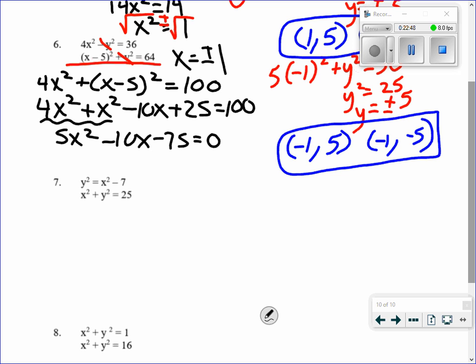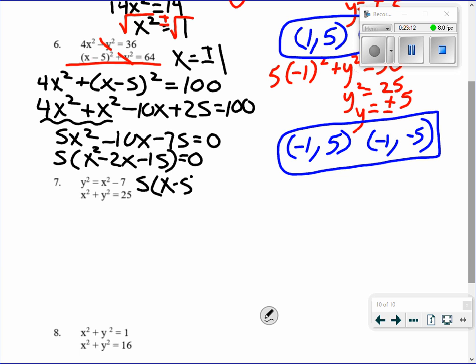What should we ask ourselves right now? Yeah, factoring. So my first question with factoring is, do I have a GCF? What's our GCF here? 5. So we have x squared minus 2x minus 15. And then I want to think about what are the factors. So what are our factors? Good.